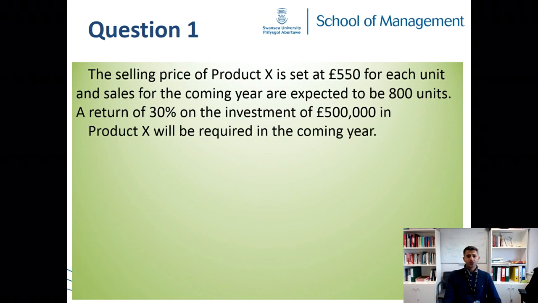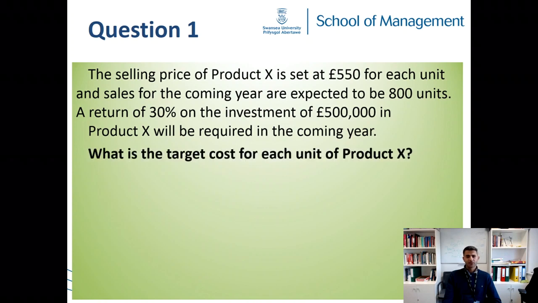A return of 30%, a profit of 30% on the investment of £500,000, will be required on product X in the coming year. Again, the question asks you to calculate the target cost for product X.